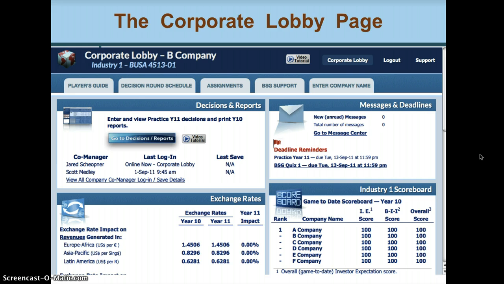Below these menu items are a decisions and reports box for accessing the decision entry screens and viewing reports, a message center box, and information showing the latest exchange rate adjustments, current interest rates, and your company's performance scoreboard. You have anywhere, anytime access to your corporate lobby from any PC that's connected to the internet.